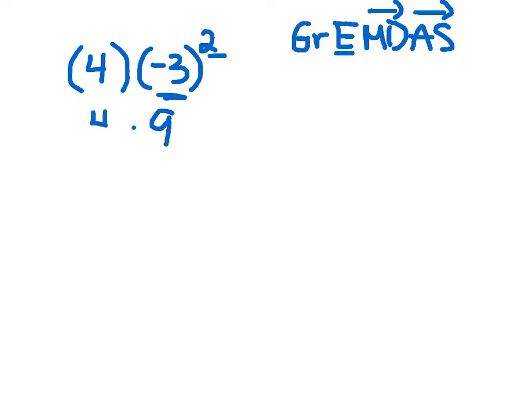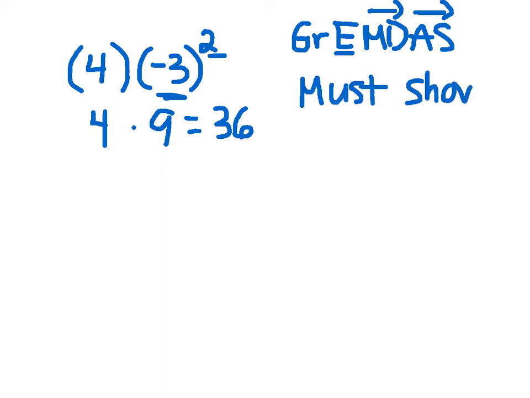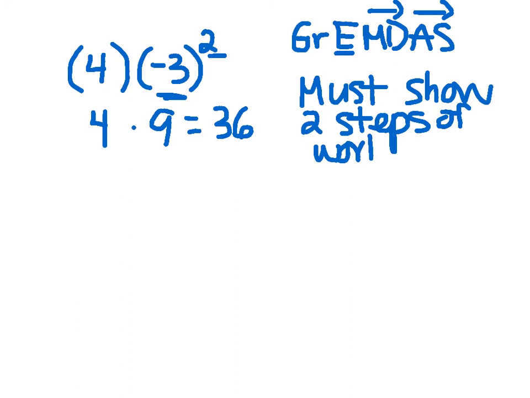I just bring my 4 down and now I multiply, and I get 36. In a problem like this, you must show 2 steps of work. Just like what I did here. Step 1 was the exponent, and step 2 was the multiplication.